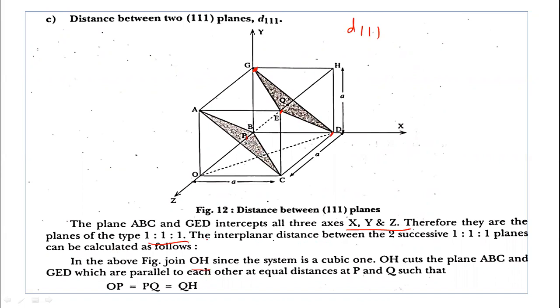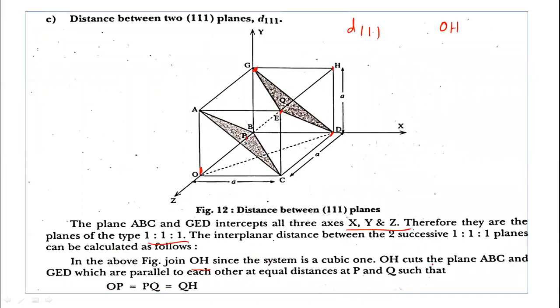This is O and this is H, so join OH first, from O to H. Since the system is a cubic one, the whole system is a cube. There are supposed to be 8 corners, 6 faces, 12 edges.